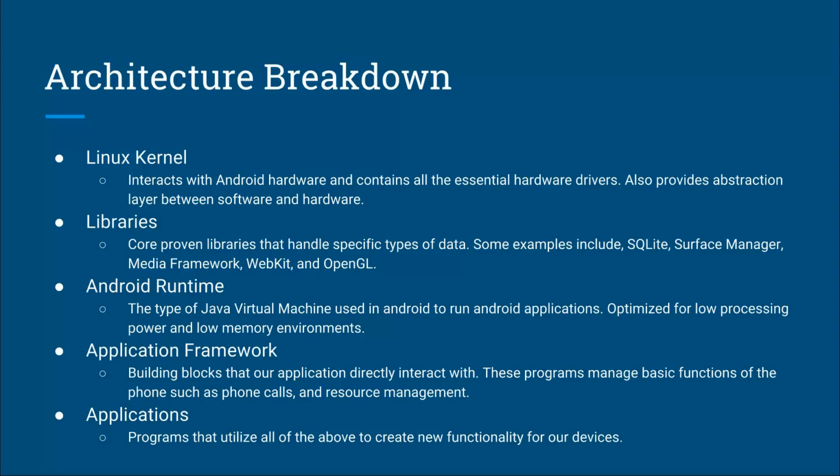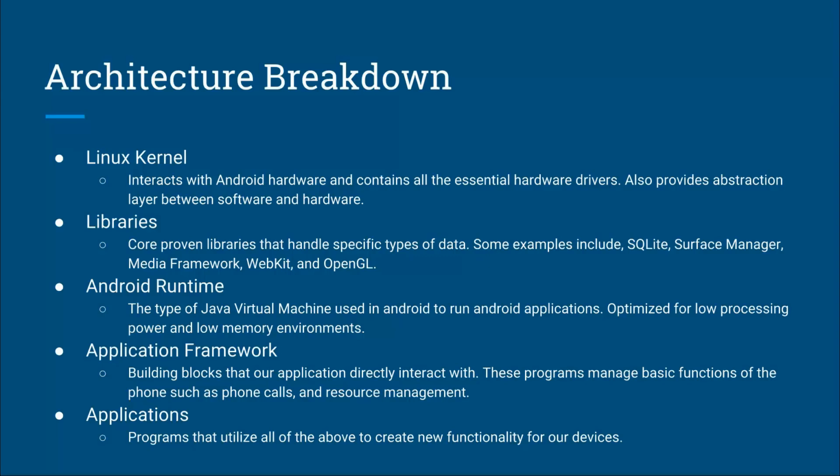Android runtime, the type of Java virtual machine used in Android to run Android applications. It's optimized for low processing power and low memory environments. I don't know how many of you know this already, but Java uses something called a Java virtual machine that takes bytecode and translates it.